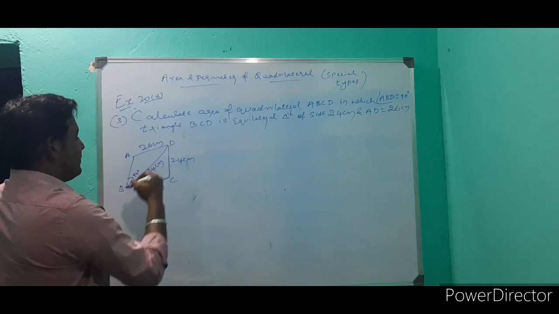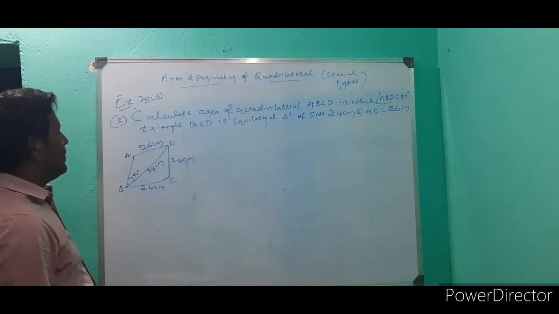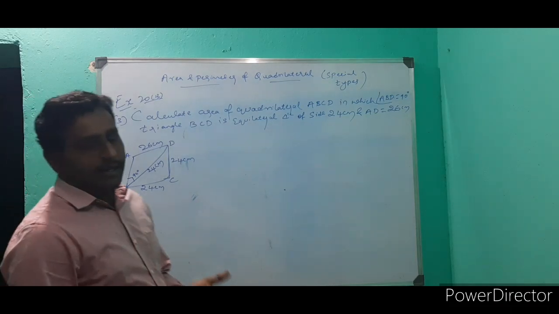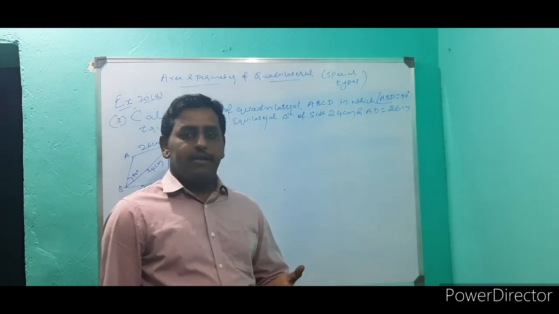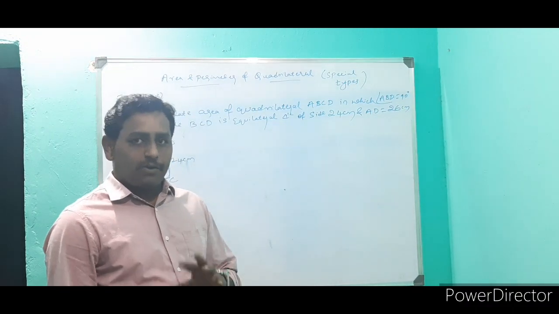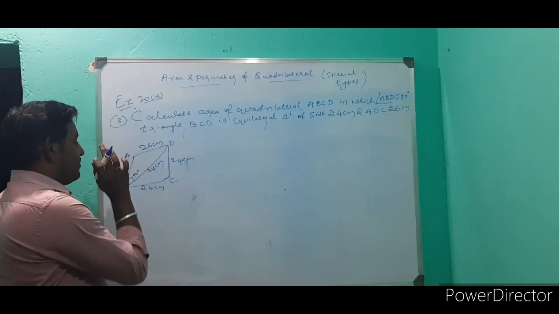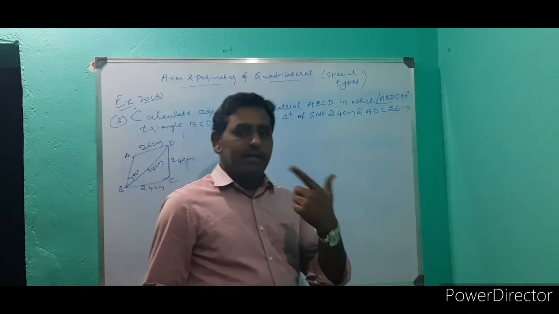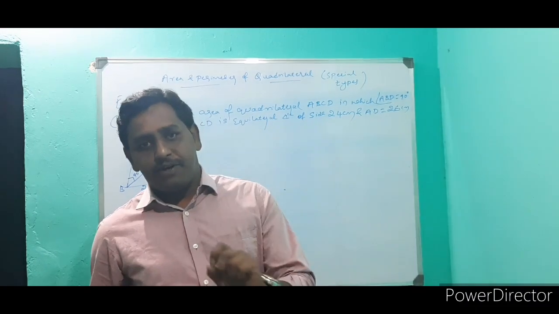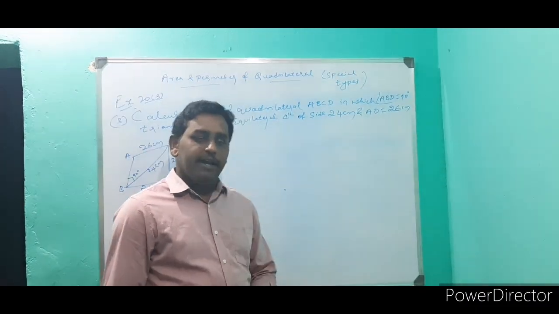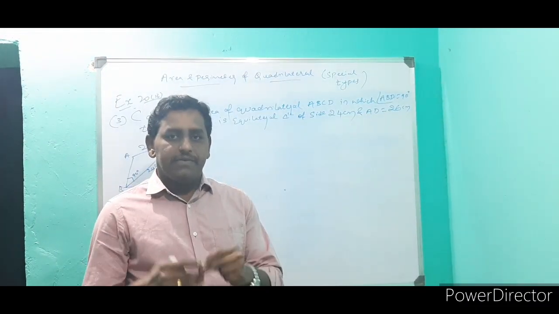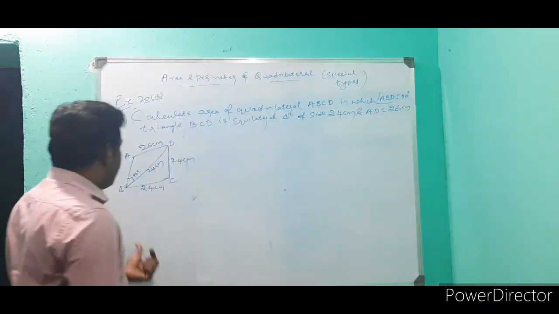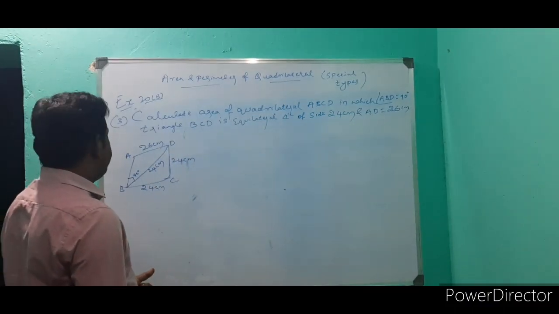Here they are not given any diagonal or perpendicular lengths. One is a right angle and one is an equilateral triangle. First find the right angle triangle area, then find the equilateral triangle area. If you add the two areas, you will get the area of quadrilateral ABCD.